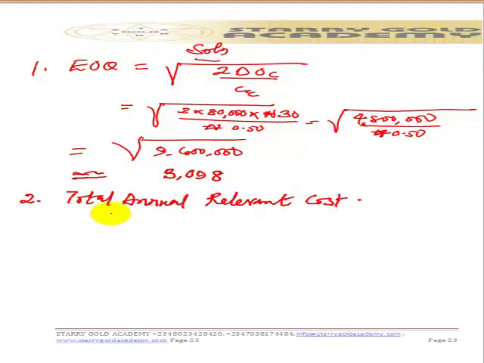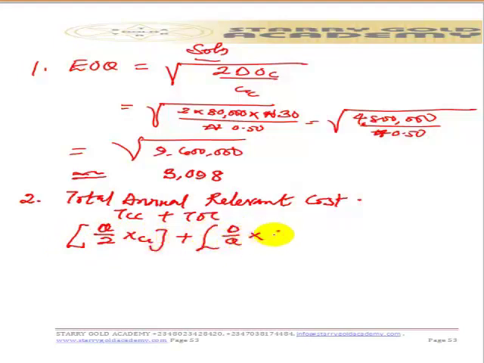that's going to be the total carrying cost plus total ordering cost, and that's going to be Q divided by 2 times CC plus D divided by Q times OC. I'm using variables that are common and picked from some of the names, so we can be familiar with the formulas and what they relate to.